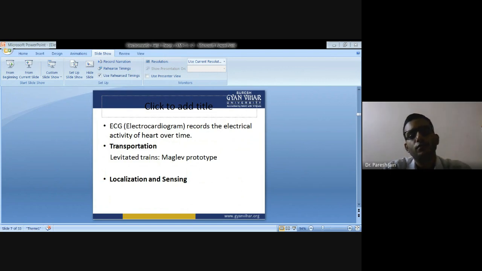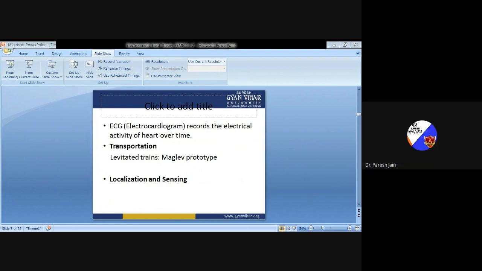The next application of electromagnetic field theory is transportation. EM theory is generally applicable in magnetic brakes, where the electromagnetic field theory is applicable. The next application is localizing and sensing.